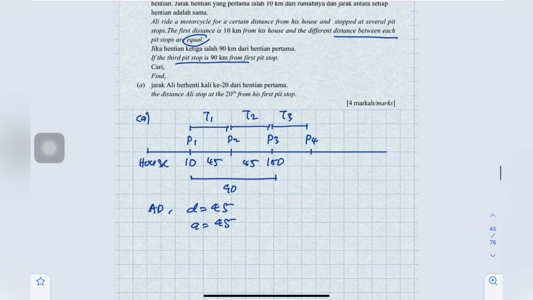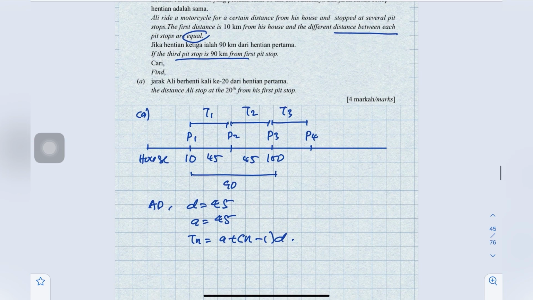So then he wants to find the distance Ali stopped at the 20th pit stop from his first pit stop. Okay, so we want to find TN. So TN equals A plus N minus 1 D. Okay, be careful. Here T1 is from P1 to P2, P2 to P3 is T2, P3 to P4 is T3.